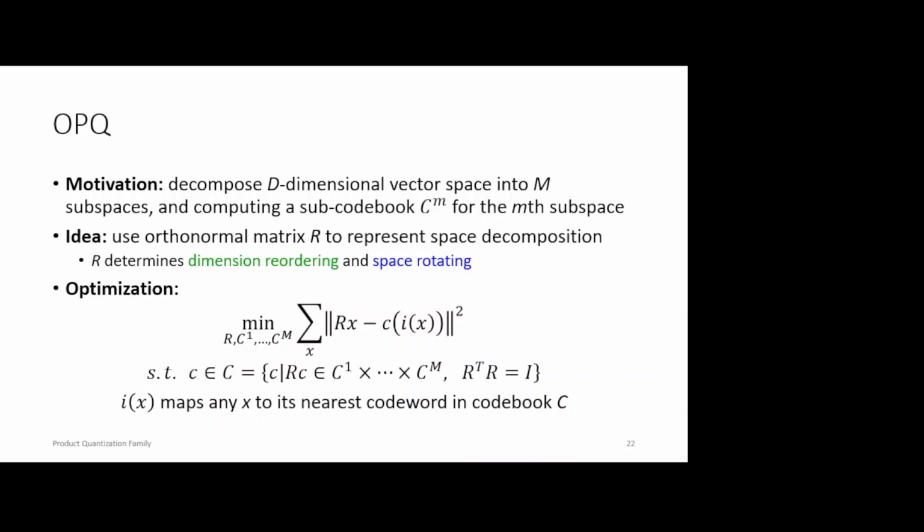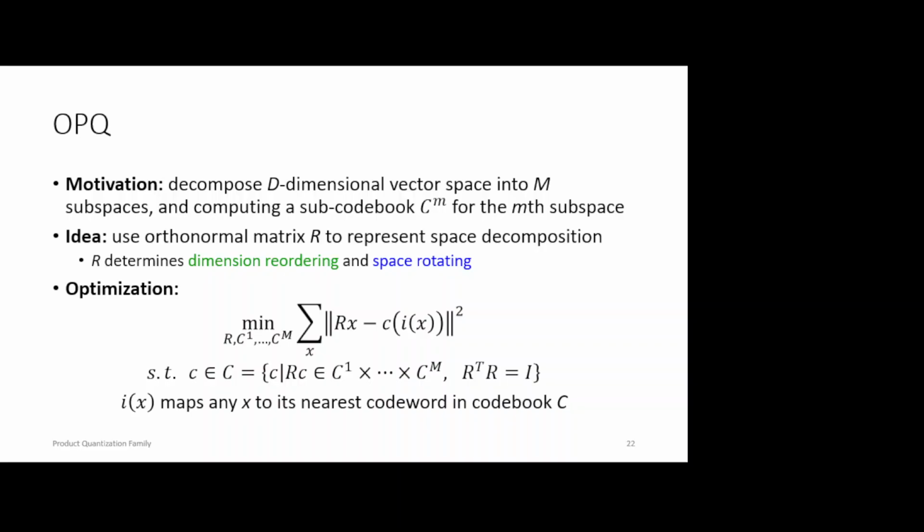Alright, so the OPQ problem is defined like this. The motivation is to decompose the D-dimensional space into n segments, n subspaces. And for each subspace, we will build a sub-codebook.